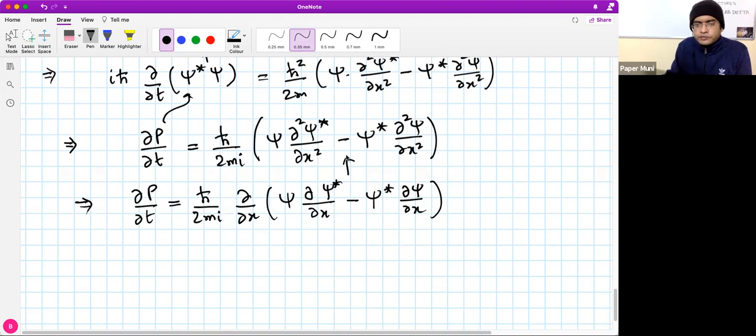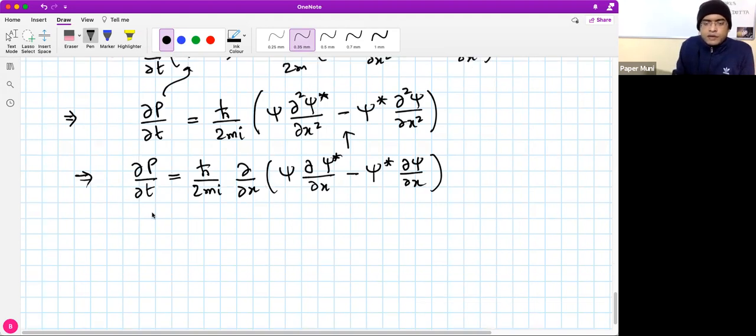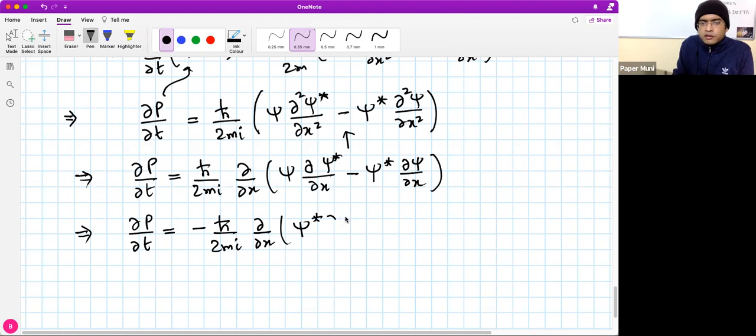All right, so this is what we have, and there is a convention which is followed, so we'll take it there. The convention is to have a negative sign outside. We have this rearrangement. This is the derivative.